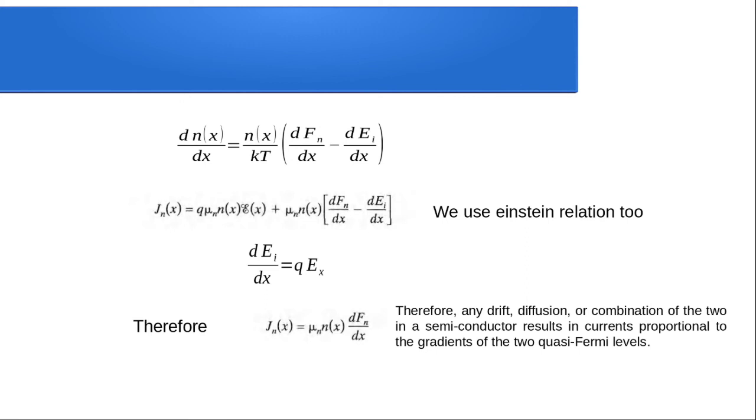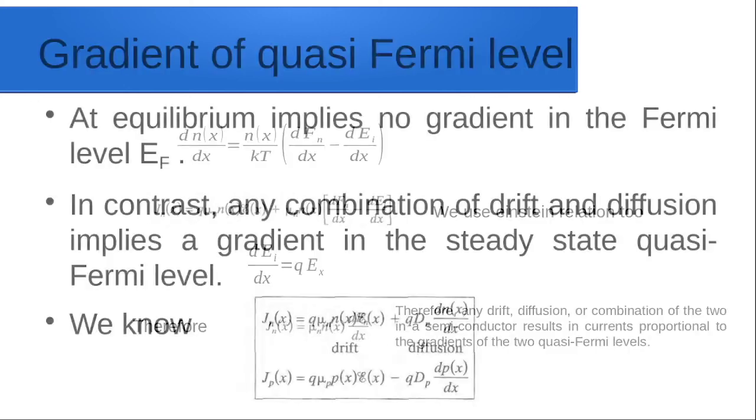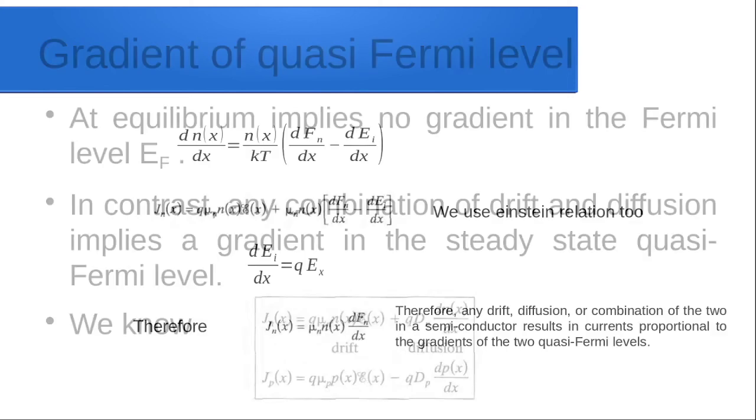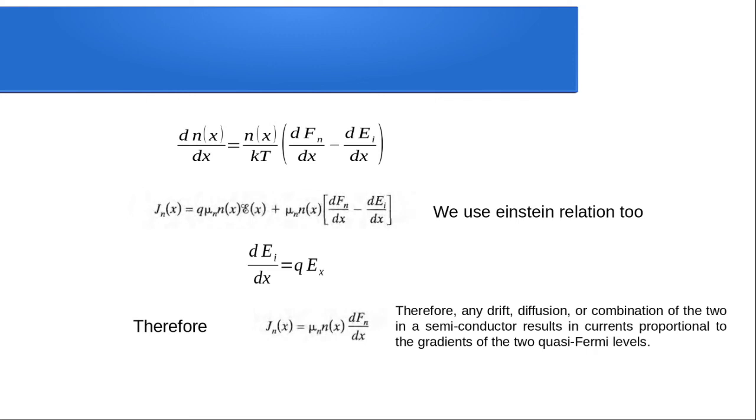Now if we substitute this value in the previous equation, in place of dn(x) by dx, we will get Jn(x) is equal to q mu n(x) E(x) plus mu n(x) times d by dx of Fn minus d by dx of Ei.